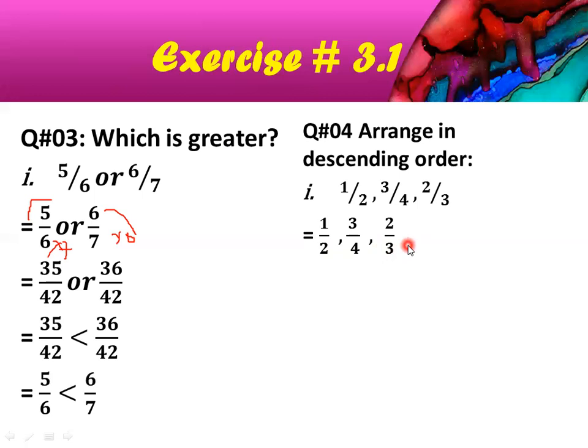So we are going to multiply numerator and denominator both: the first with 6, this one with 3 and this one with 4. So we get 1 multiplied by 6 is 6, 2 multiplied by 6 is 12, then 3 multiplied by 3 is 9, 4 multiplied by 3 is 12, then 2 multiplied by 4 is 8 and 3 multiplied by 4 is 12.